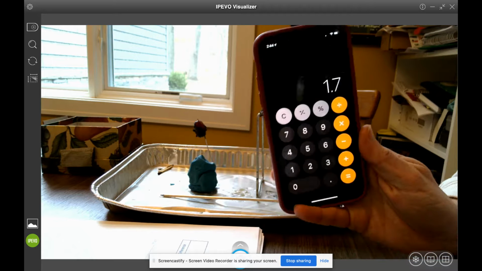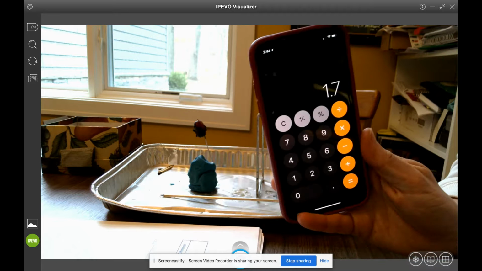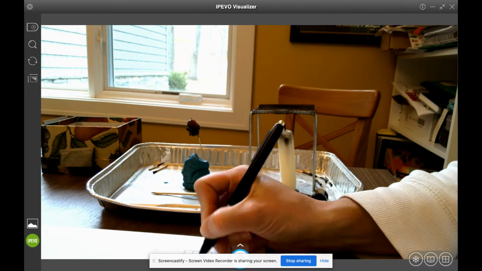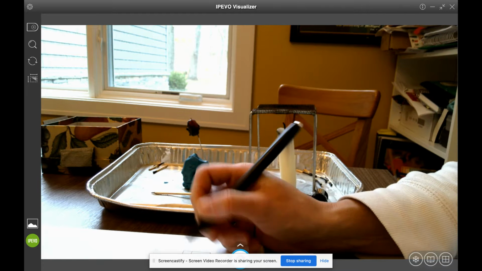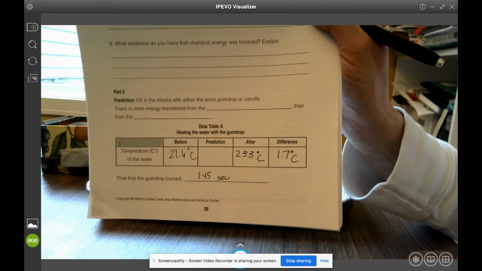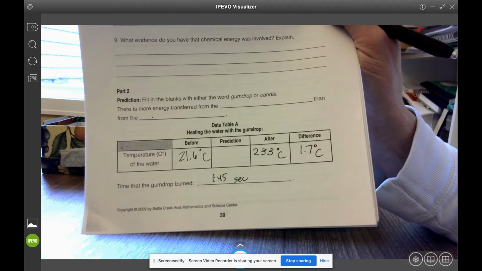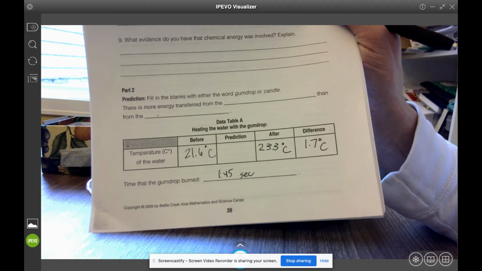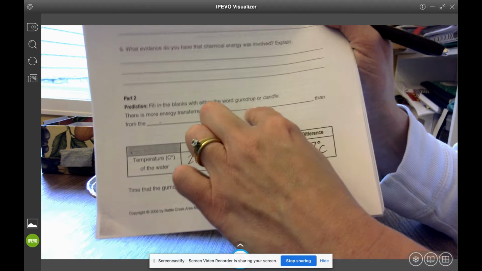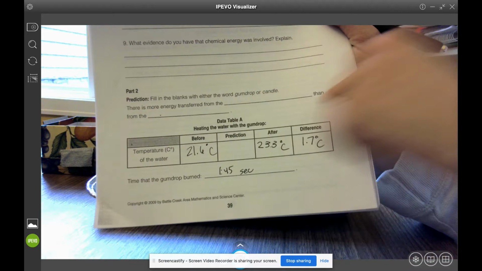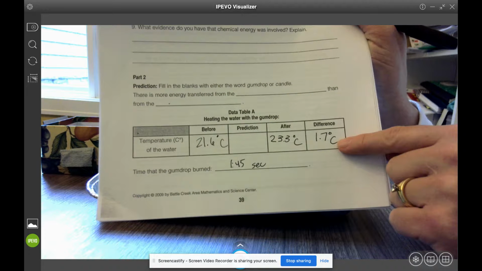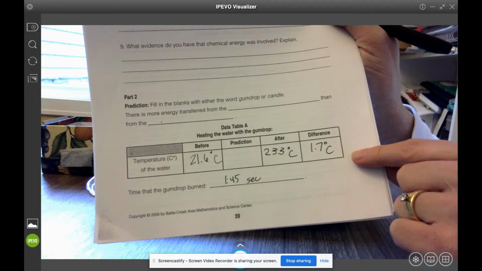So that gumdrop had a difference of 1.7 degrees Celsius. That's how much the gumdrop raised the temperature of that water. So not a big change. Think about what you wrote up here. Do you think the candle's going to change it more than that, or less than that, or about the same?